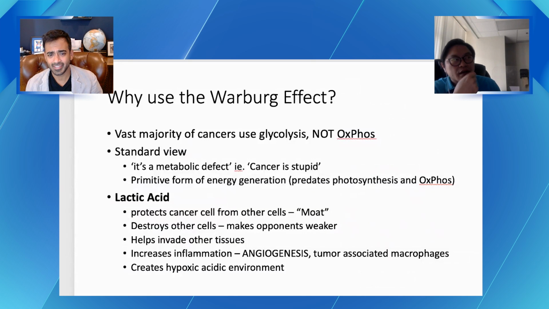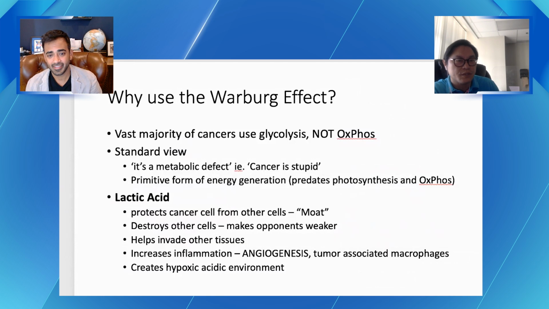Okay, that's not a very good theory, because if the vast majority of cancers are using glycolysis and it's working for them, then by definition, it's not stupid. We're the stupid ones for saying it's stupid instead of looking into why the Warburg effect is so beneficial for cancer. So we're looking at it all wrong.